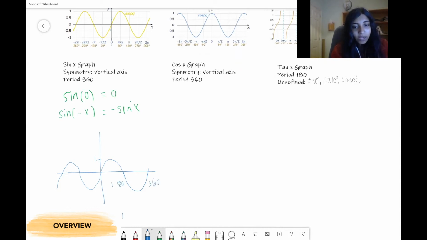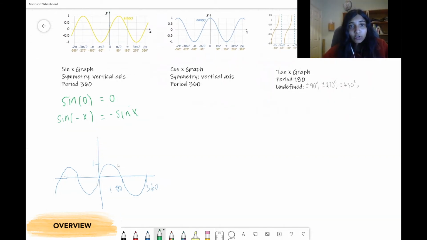Then if we were to draw sine of minus x, if you remember, that's just a reflection of the graph in the vertical axis. So this bit would reflect, it'd go like that, and if we reflect this side of the graph, it would go something like that.